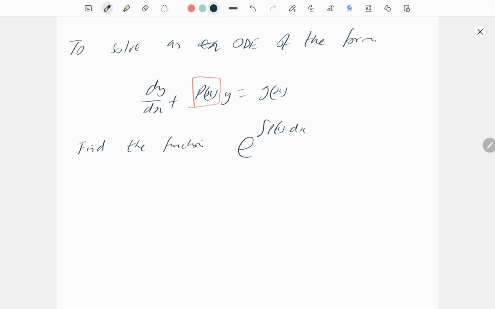So you find this, then multiply the ODE by it. Okay, instead of saying it, let's call this the integrating factor. So multiply the ODE by the integrating factor.